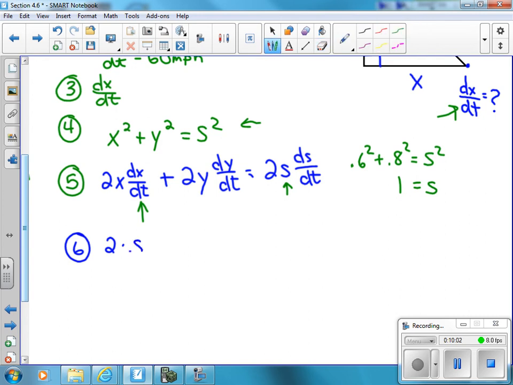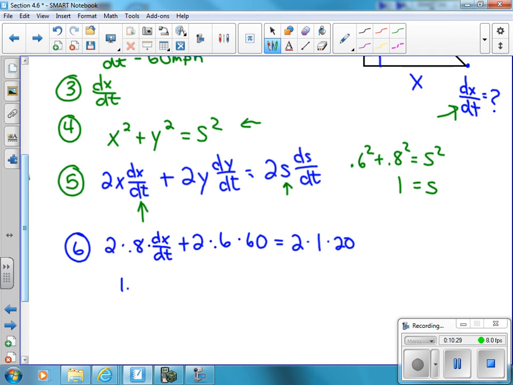Okay, so 2 times 0.8 times dx/dt, which is what we're looking for, plus 2 times 0.6 times, what did they say this is? 60 miles per hour equals 2 times 1 times ds/dt, which I think was 20. All right, so we're going to get an answer here in miles per something.